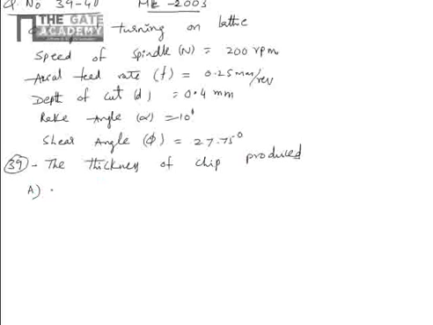Options are A 0.511 mm, B 0.528 mm, very close, C 0.818 mm, D 0.846 mm. So this is the thickness of the chip produced, T2.